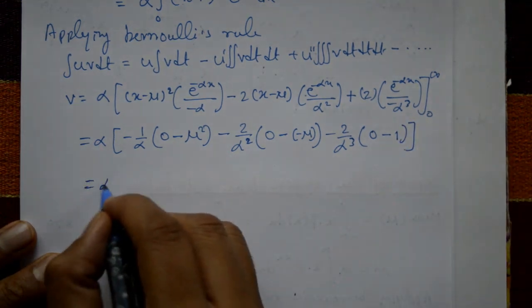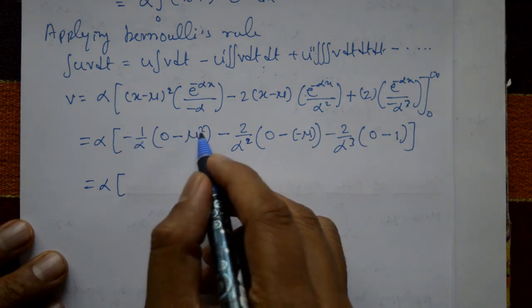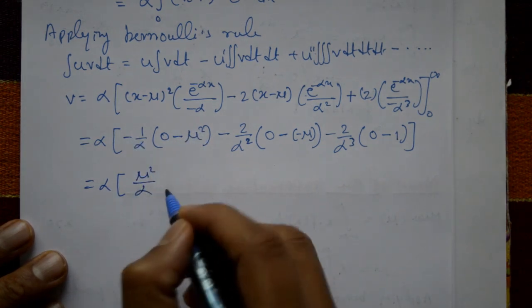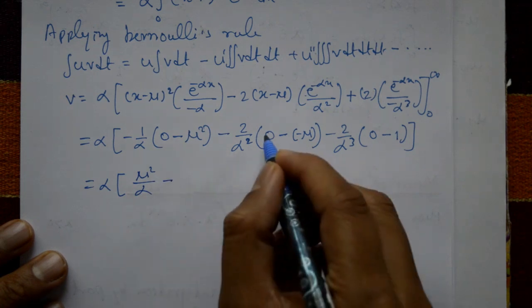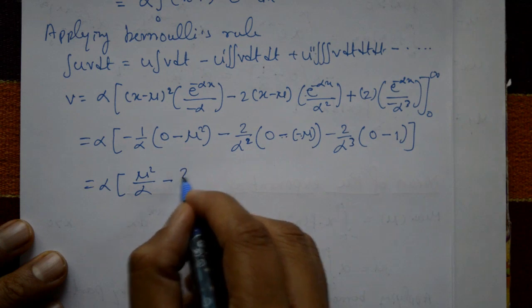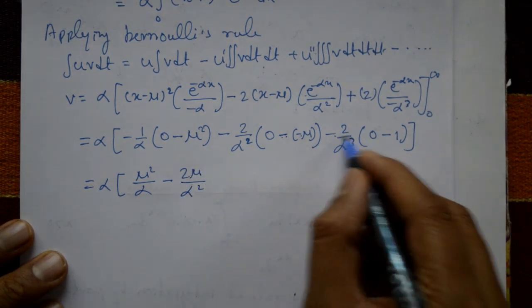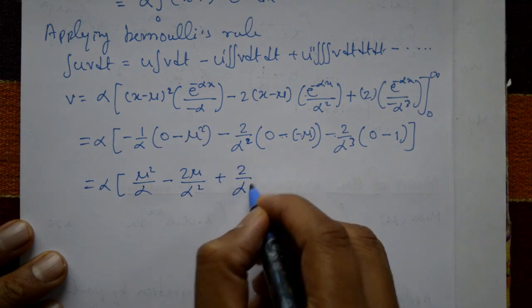Okay, and this is equal to alpha into, and this one is minus into minus, mu square by alpha, minus into minus 3 times, again it is minus 2 mu by alpha square, minus into minus plus 2 by alpha cube.